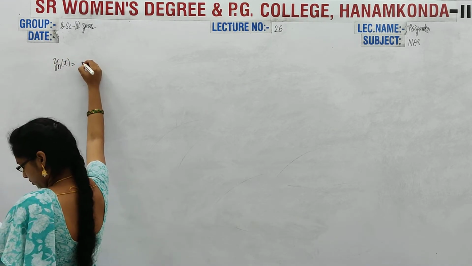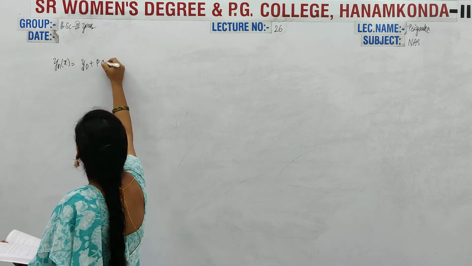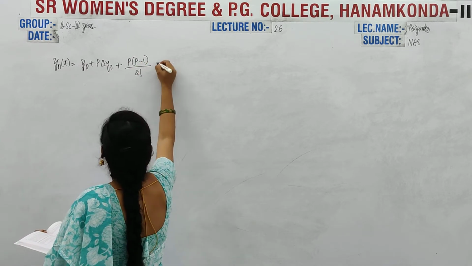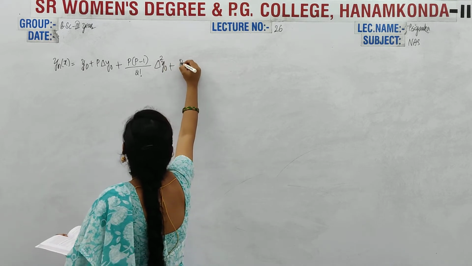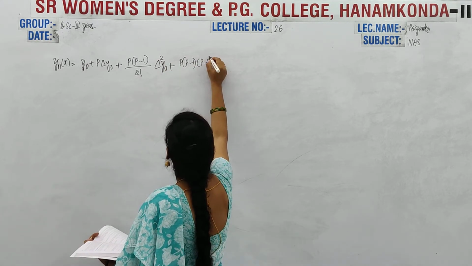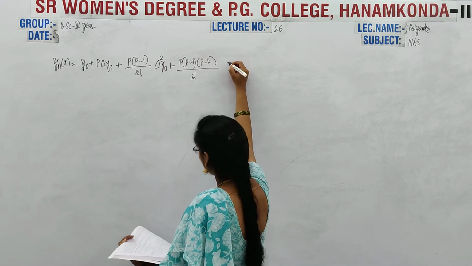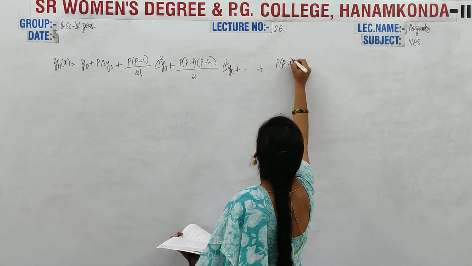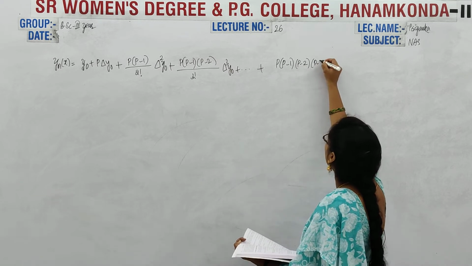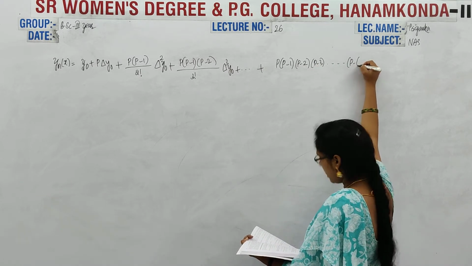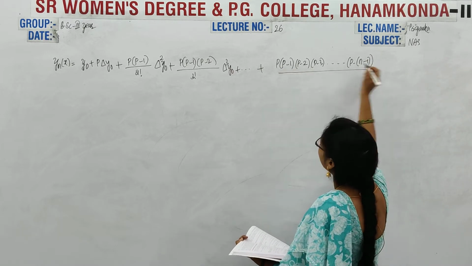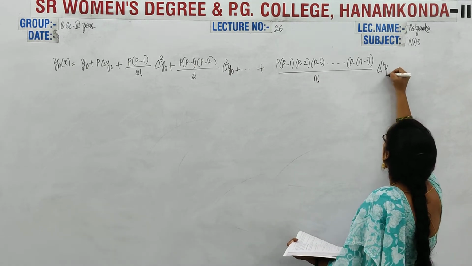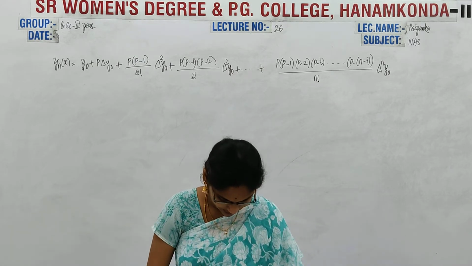Yn of x is equal to y naught plus p delta y naught plus p into p minus 1 by 2 factorial delta square y naught plus p into p minus 1 into p minus 2 by 3 factorial delta cube y naught plus so on, plus p into p minus 1 into p minus 2 into p minus 3 and so on up to p minus n plus 1, all divided by n factorial, and delta power n y naught.